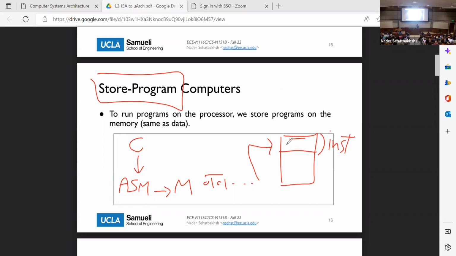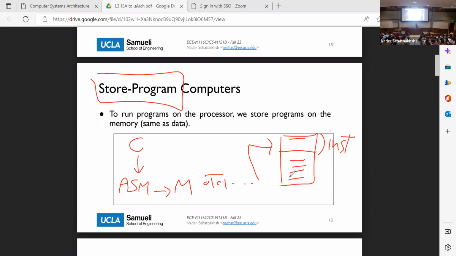When the processor wants to execute things, it's going to go through that memory line by line, bring that instruction, decode it, which we're going to talk about how, and execute it. And the rest of the memory is basically your data. The rest of the same memory is where you store your temporary data, your sensor values, your sums, your calculations, and all those things.